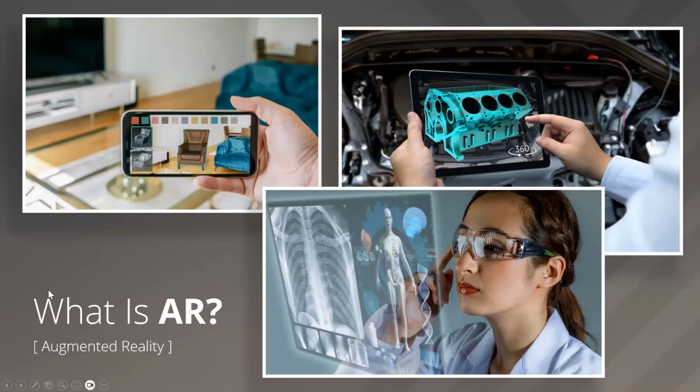So as we go through the rest of the presentation, we're going to alternate between AR and VR. We're going to define what's AR, then what's VR, etc. So what is augmented reality, or AR? AR is looking through a device to add information.